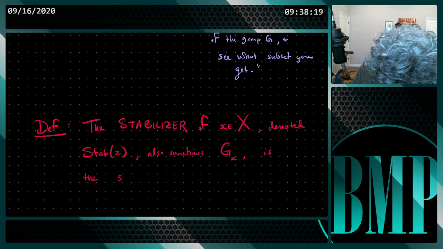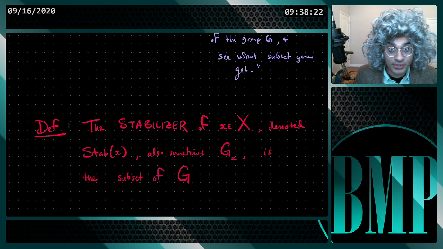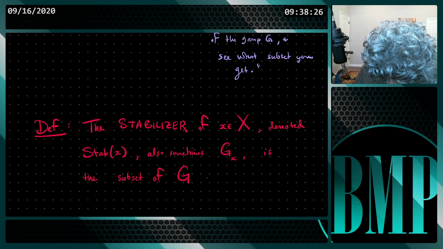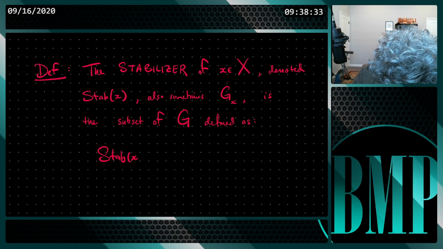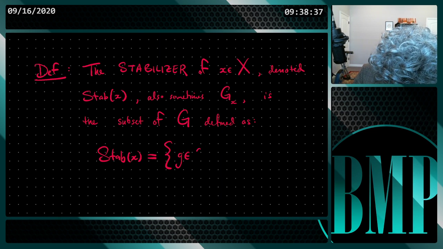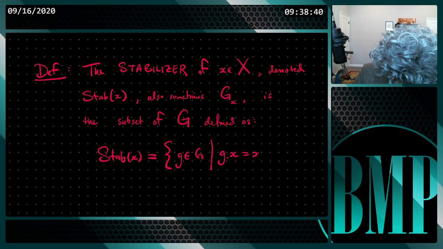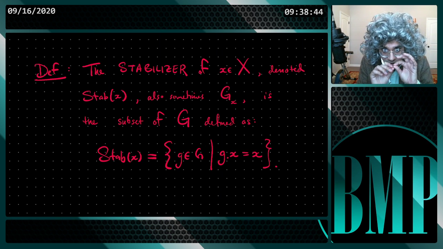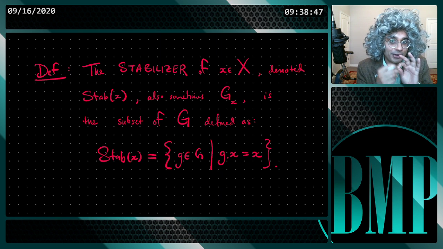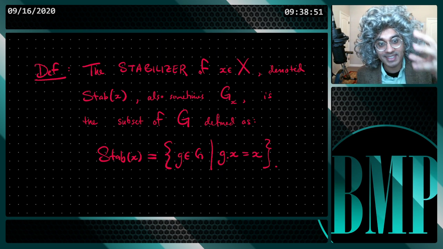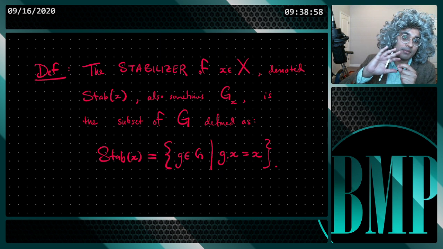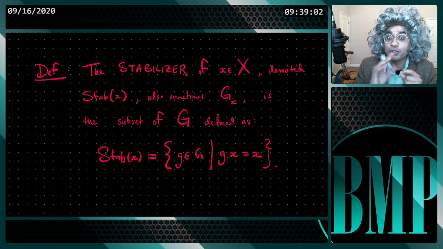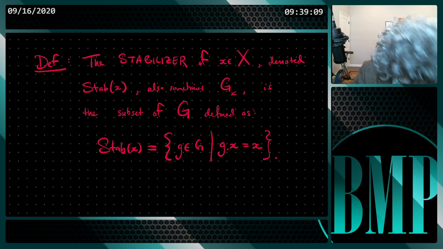It is the subset of the group G defined as the set of g's such that g does not move x: the group elements that don't push x to other points in the set X, the elements that stabilize the point x, the elements that act trivially on the point x. So this is a subset of the group G.